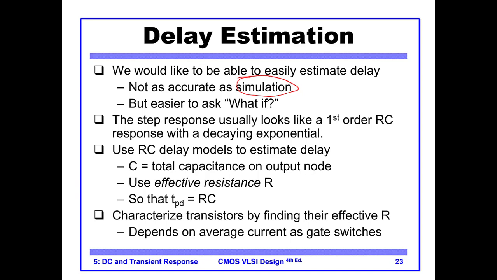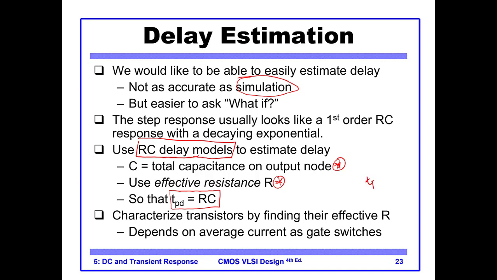It may not be as accurate as simulation with SPICE, but it will be good for a quick analysis of CMOS circuits. So what we want is a delay model, and the delay model is called the RC delay model, where C is the total capacitance on the output node and R is the effective resistance. So TPD is basically the RC time constant.